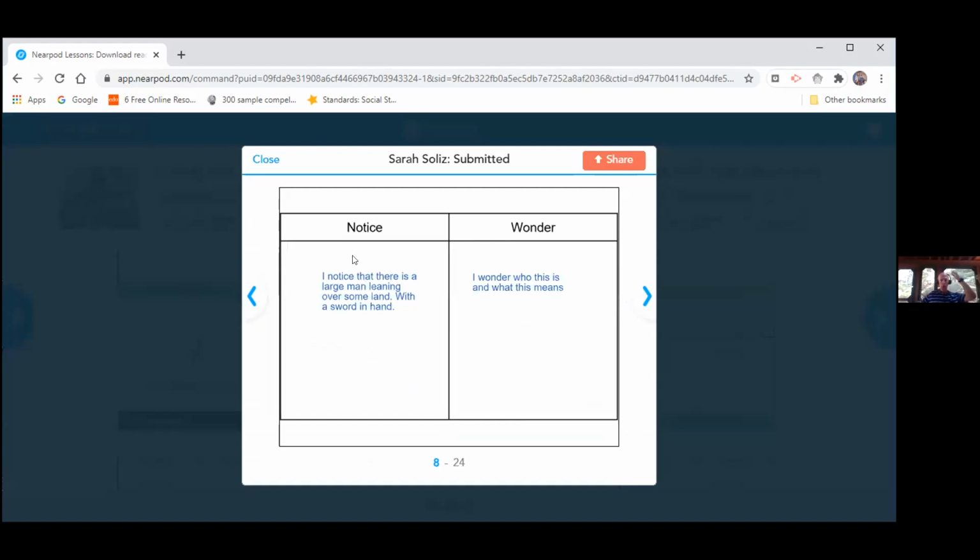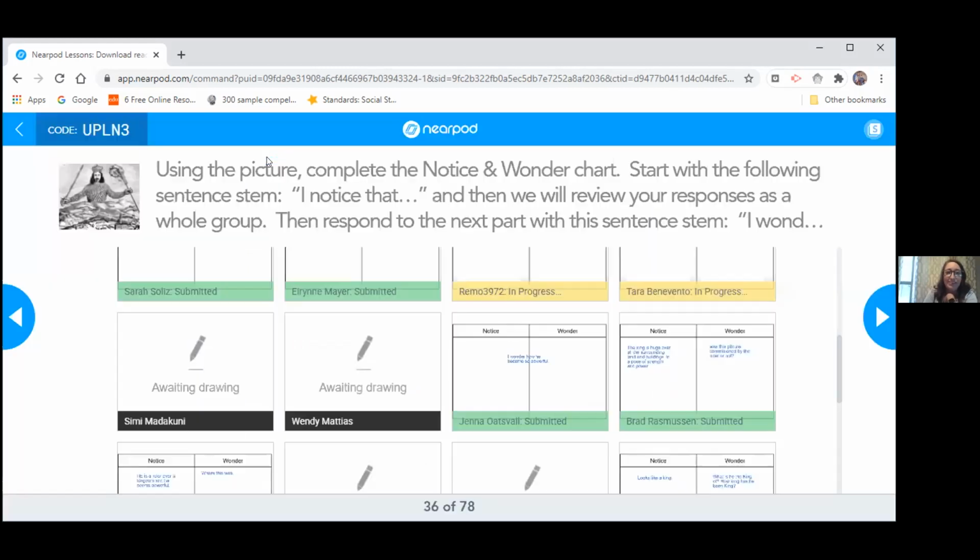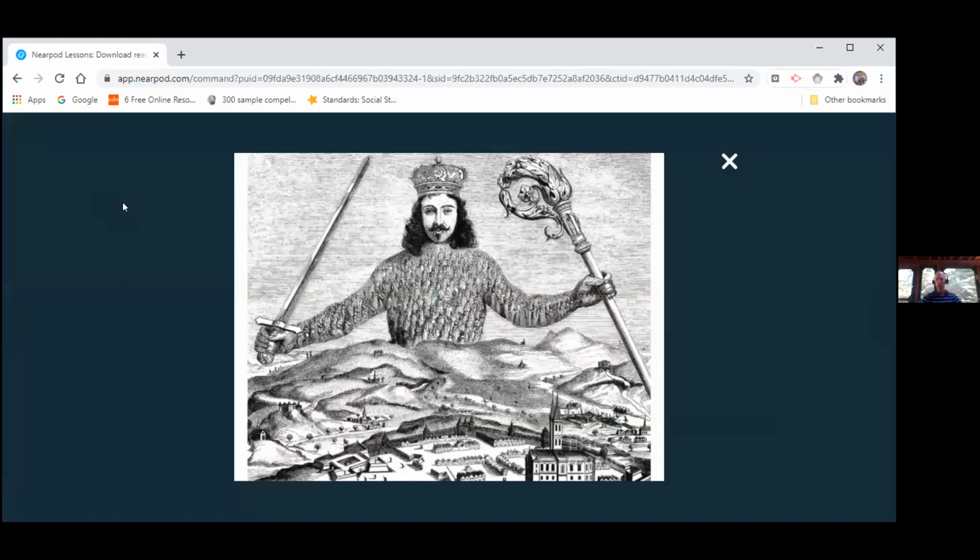How about one more, and I'll tell you where this image comes from and what this means. So this would be from the Enlightenment. This is the front piece of the book, The Leviathan by Thomas Hobbes. And you can see the Leviathan is towering over everything else.